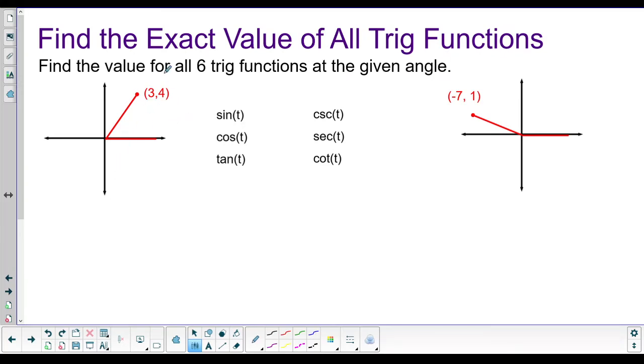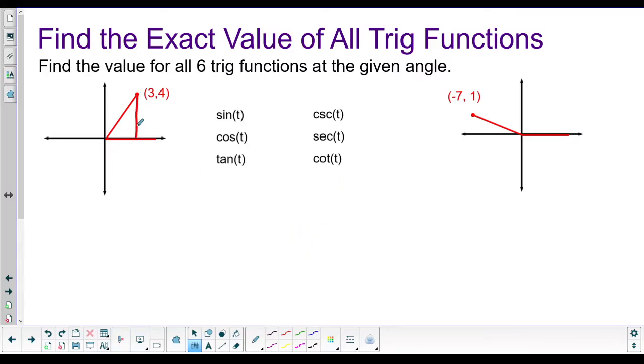First, we need to turn this angle into a right triangle by dropping a straight line from the terminal side endpoint down to, or maybe up to, the nearest x-axis to make a right triangle.